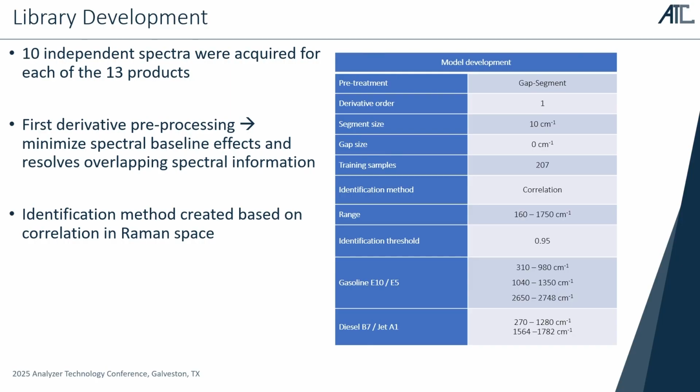If there are some shoulders overlapping information, then data pretreatment would make that more prominent in the spectrum. And then the regions that are shown on the slides, we use those to build the library.